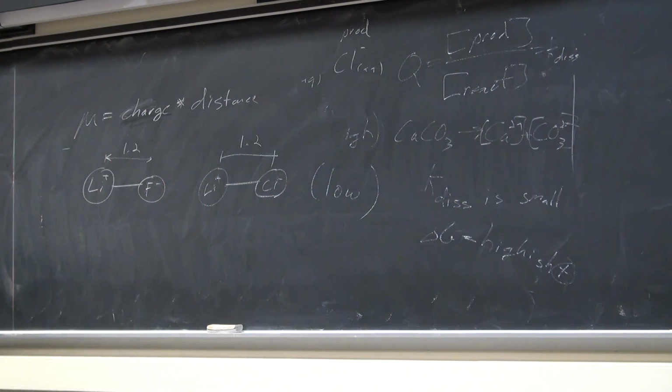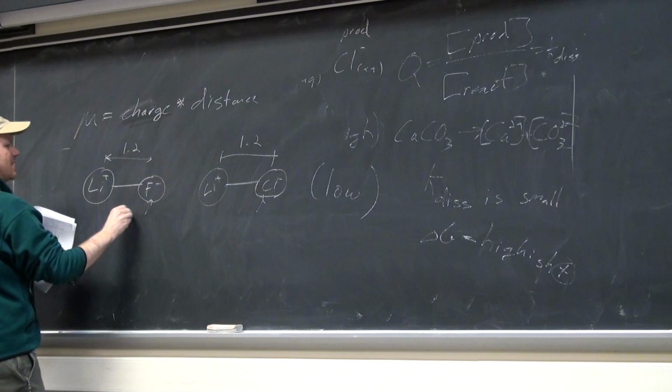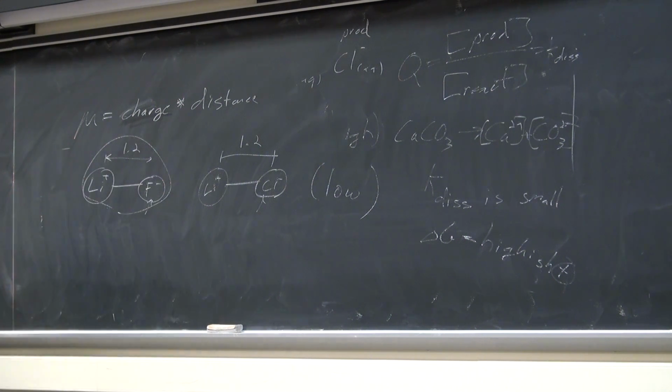So these have the same distance, right? Which one has the higher charge separation? The one with fluorine, right? Because this one is more electronegative than this one. So this has the higher dipole moment.